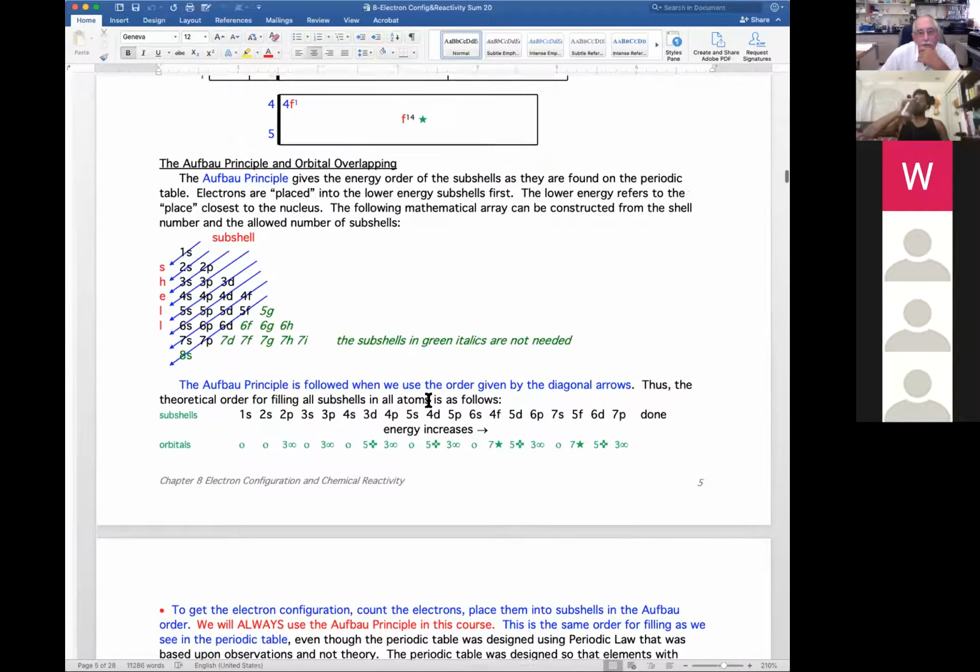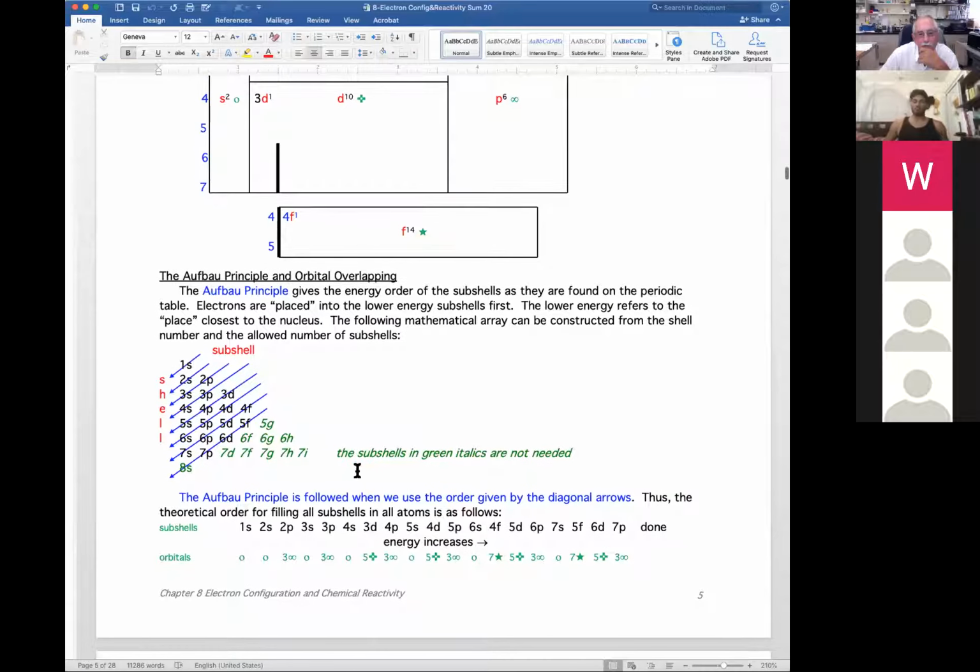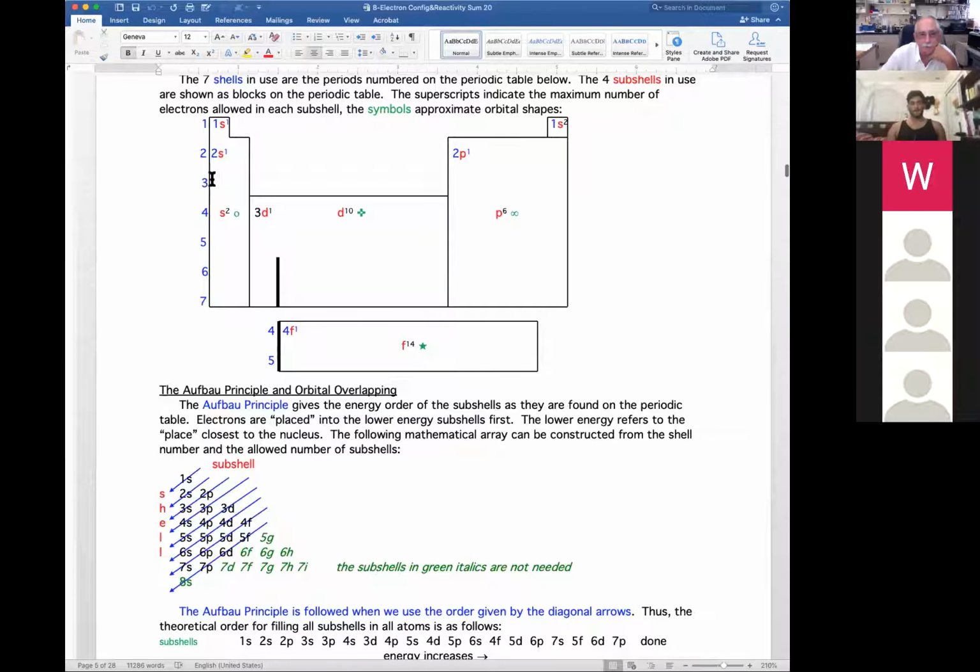And then this order right here is what we find on the periodic table. Notice we go 3s2, 3p6, 4s2, and then 3d1 through 3d10.